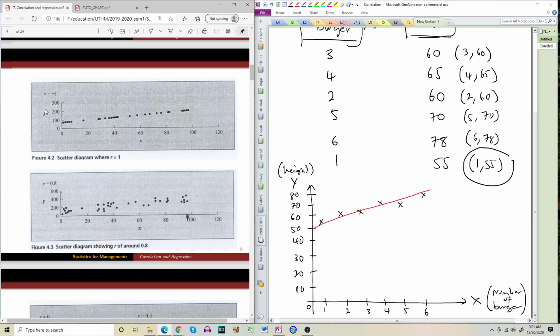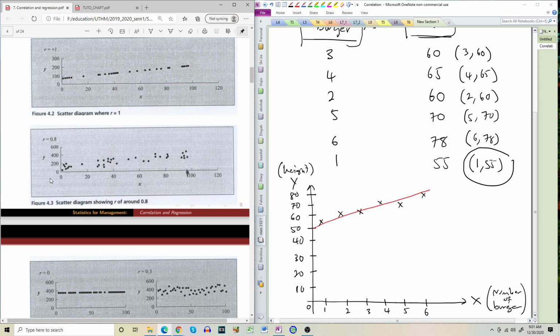If the coefficient is exactly 1, then all the data falls in a straight line and it goes upward, which means as x increases, y also increases. If R is 0.8, then it has some relationship. You can see this one is going upwards also.